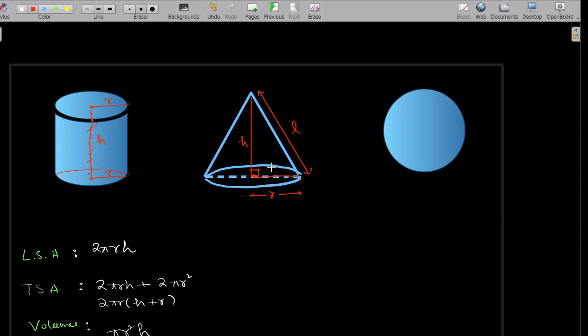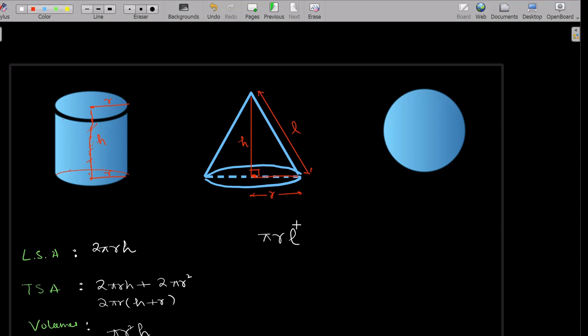In cone there are two heights. Would it be the perpendicular height times the circumference? No. In this case, it is pi times r times the slant height, pi r l.